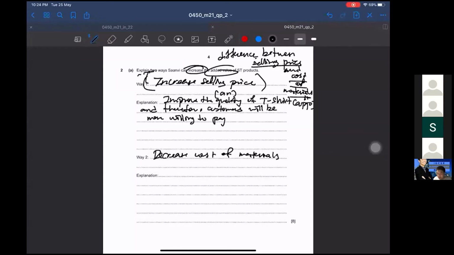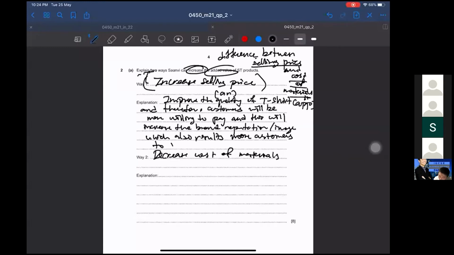This will increase the brand reputation, or the brand image of the business, which also results in more customers buying the products. So in the whole sentence, I already have my 2 AN and 1 APP.